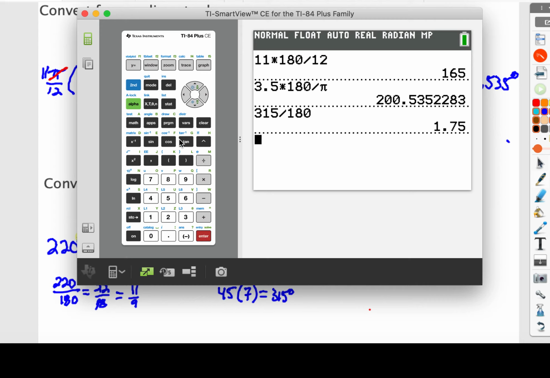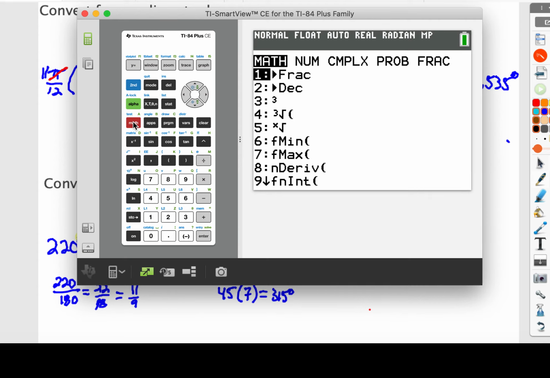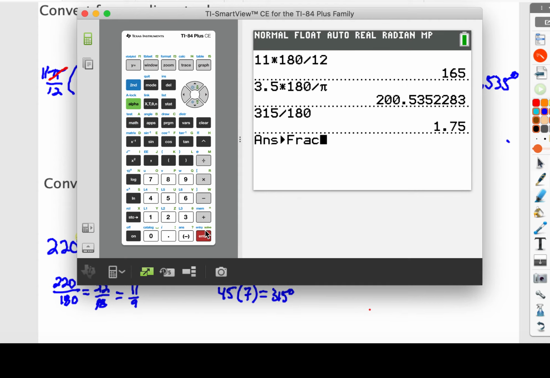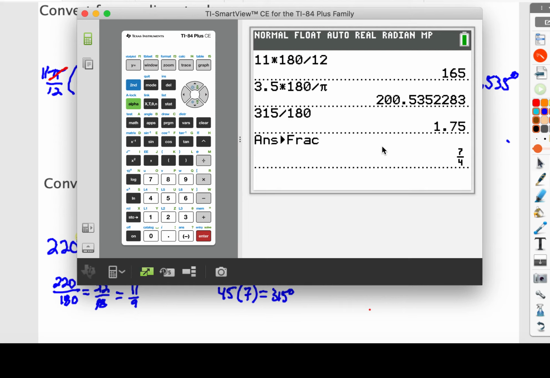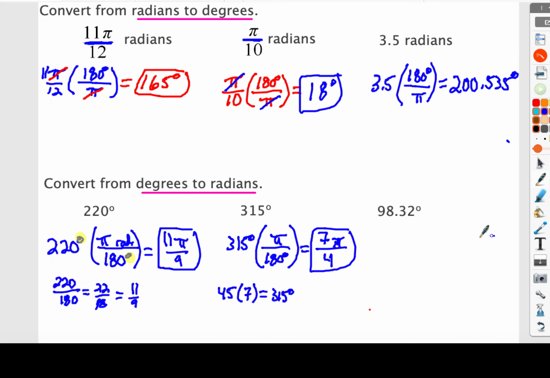And again, we're going to get a little bit of a decimal. Hopefully you can notice that that's 7/4. But if not, don't forget, you can always press math, arrow to fraction, and we'll find out that's exactly 7/4. You don't need to multiply the pi in there. We can leave this in terms of pi. So again, 7 pi over 4 is a really good measurement.